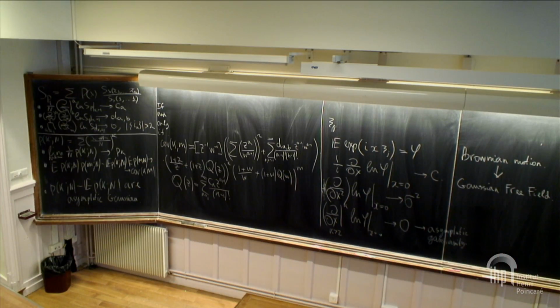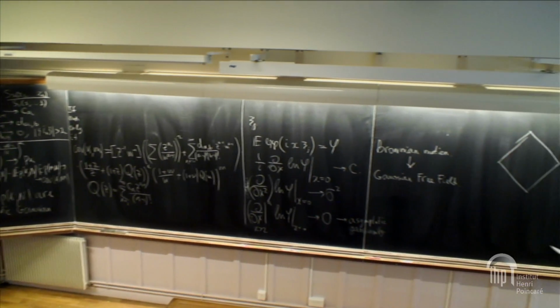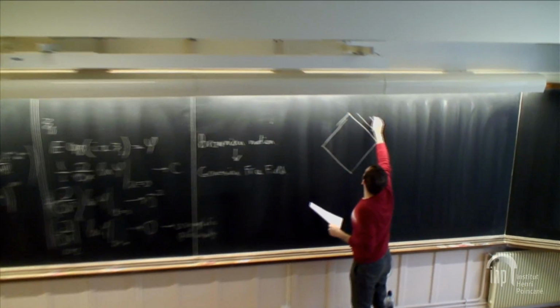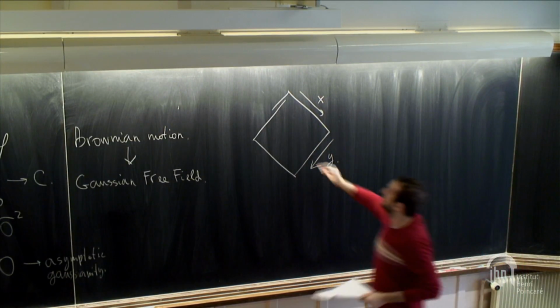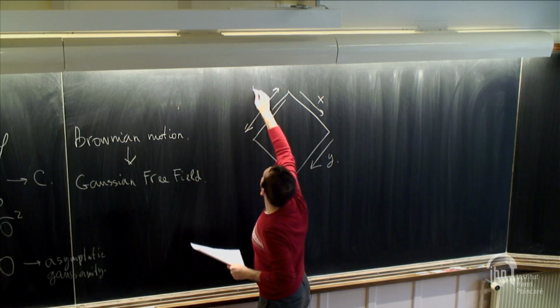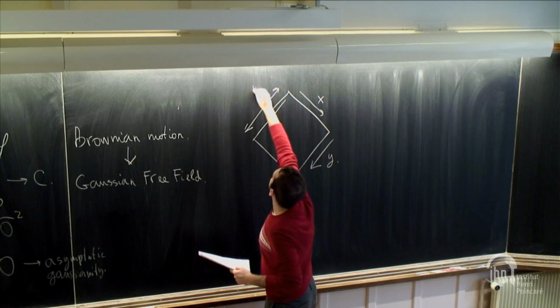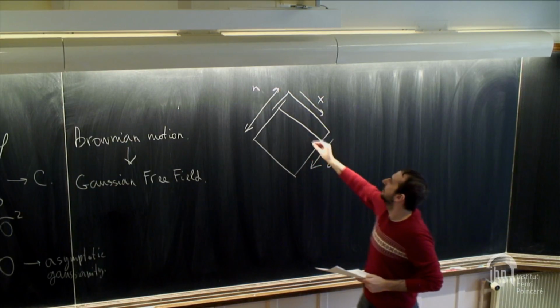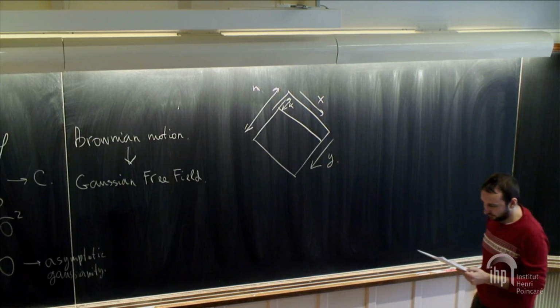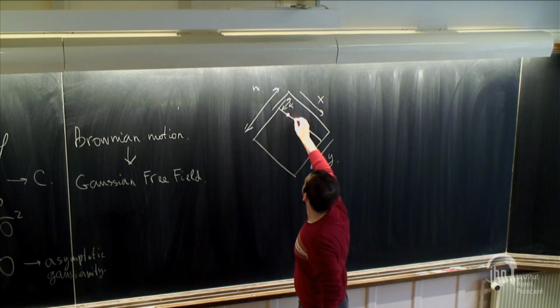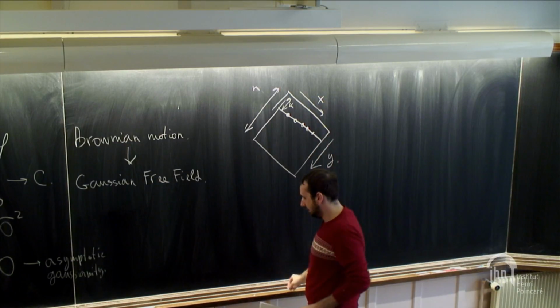Okay, so let's recall the setup of the Aztec diamond. So we had our Aztec diamond. It had two coordinates, let's call them x and y, and it was of size n. We were looking at the slices at distance k from this side, and we were looking at the particles on these slices.